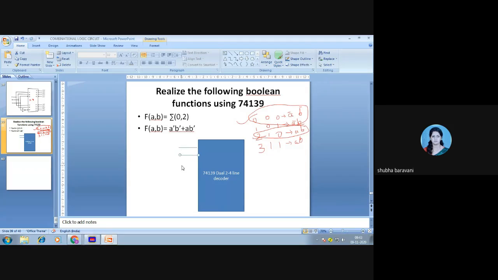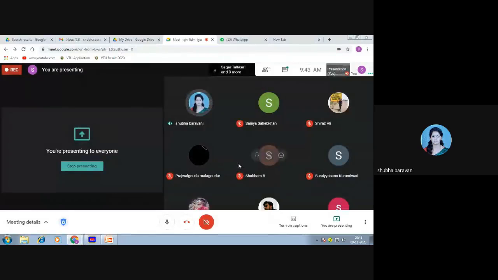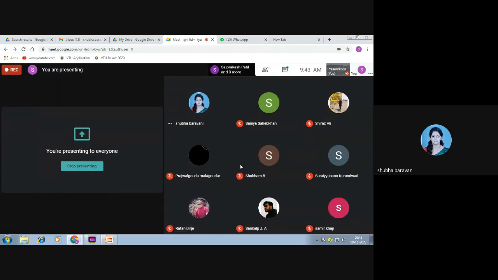See, it's a two variable function. How many inputs I'll have? Excuse me, ma'am. Yes. Ma'am, please admit Tejas. Pratik is here. I cannot see Tejas here.